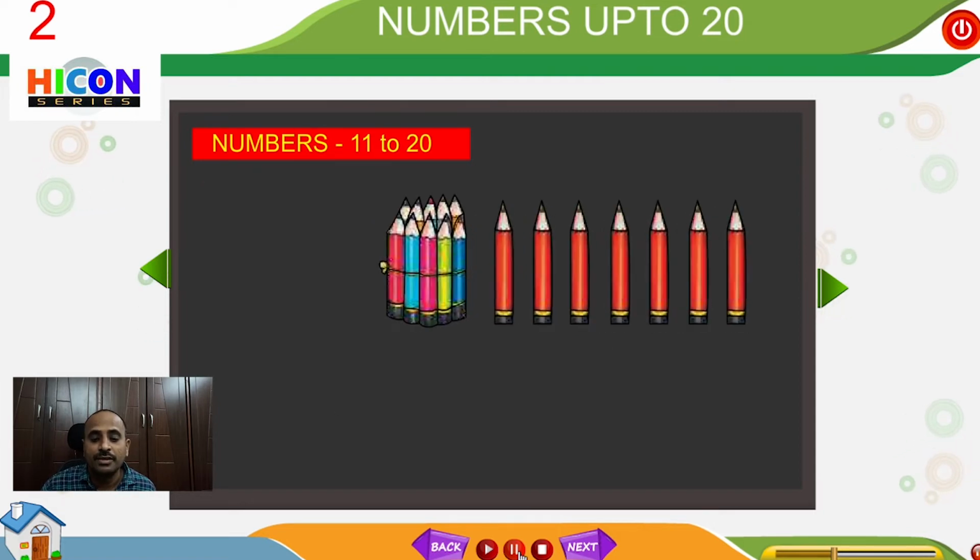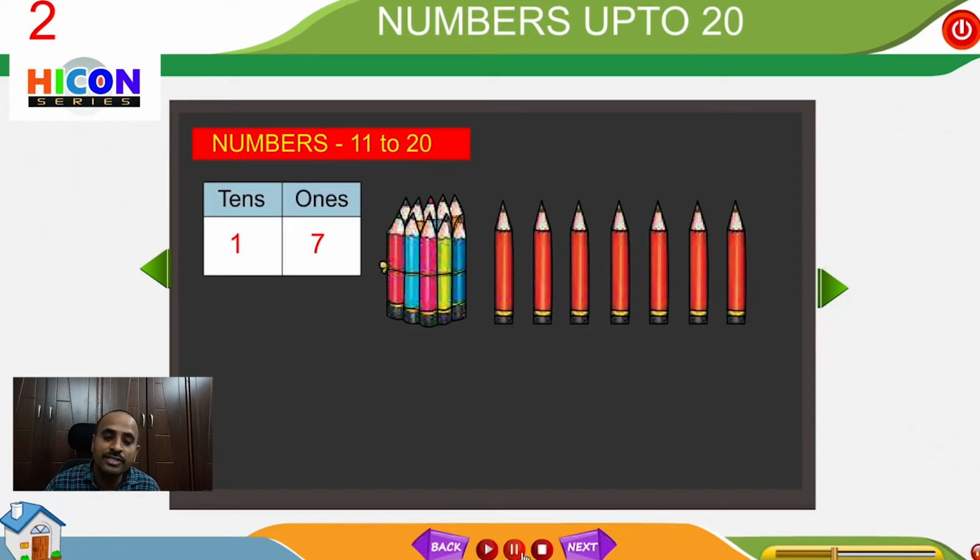So children, can you write the number from this picture? Yes. How many ones are there? There are 7 ones. How many tens are there? 1 ten. So this number is called 17.